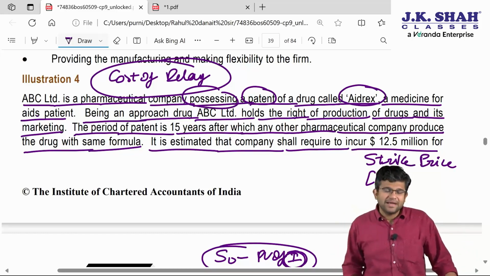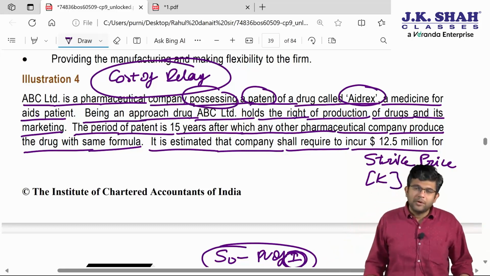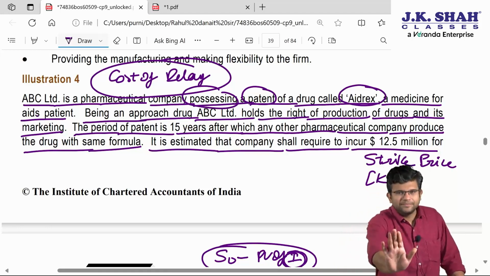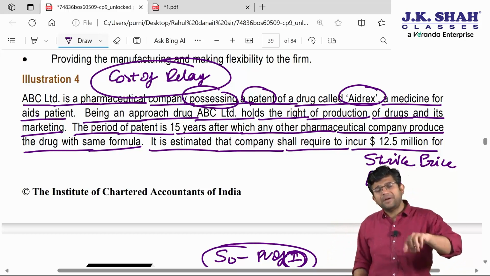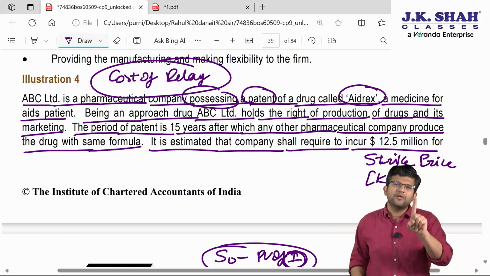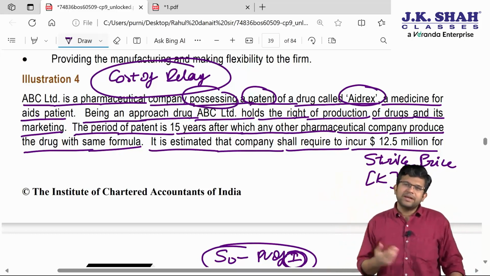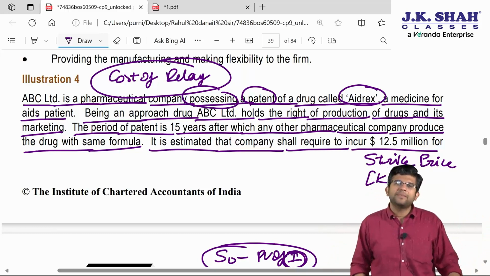Because if you build it ASAP, the earlier you will be able to start selling it, the more you will be able to earn. So the delay you do, the more you delay, correct? Let's say you do not develop it in year 1, you decide to develop it in year 2. Can I say you lost the income for first year? If you decide to develop it in year 3, you lost the income for 2 years and so on, because you have got only 15 years now, right?